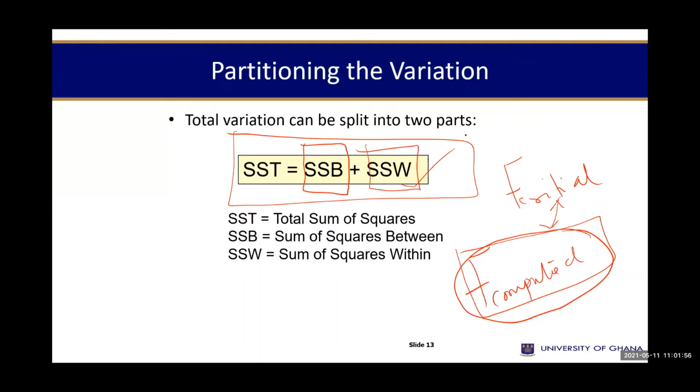Just input the data, and if our data is correct, we just click on solve or analyze, and within seconds the software will give us the outputs. Our aim is to interpret the output, but we are going to go through the manual way of doing this first.